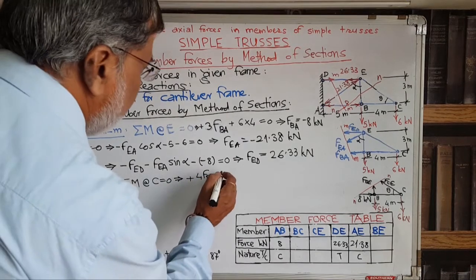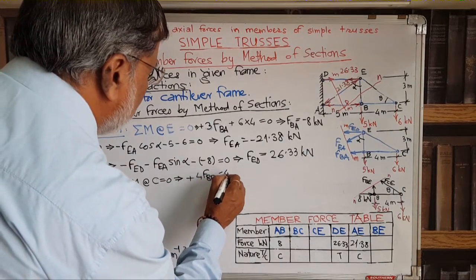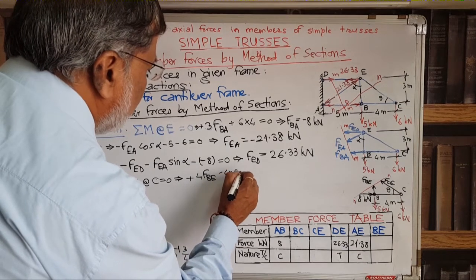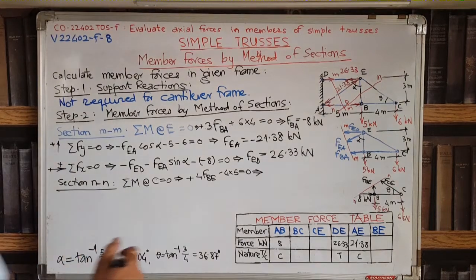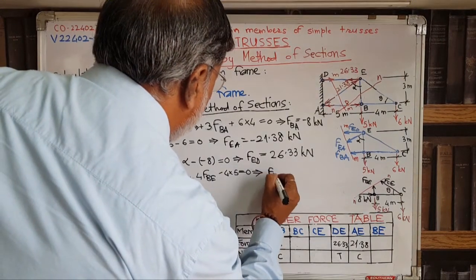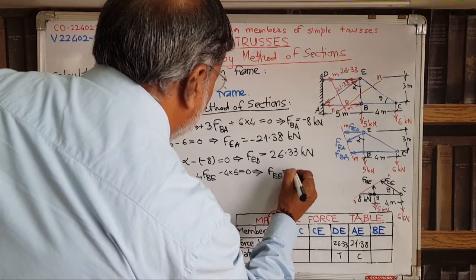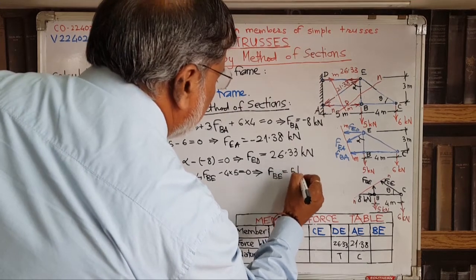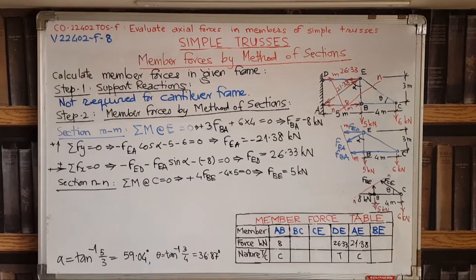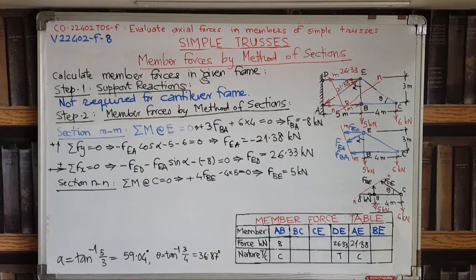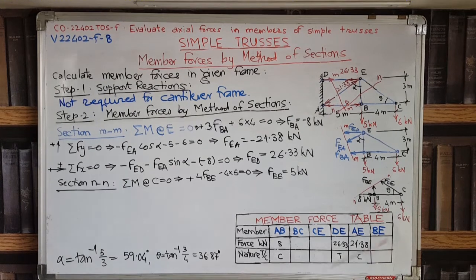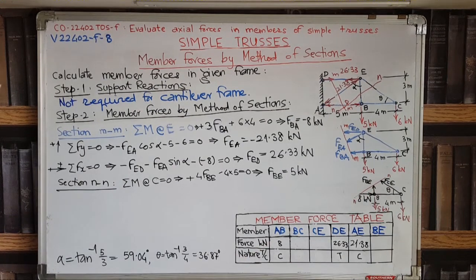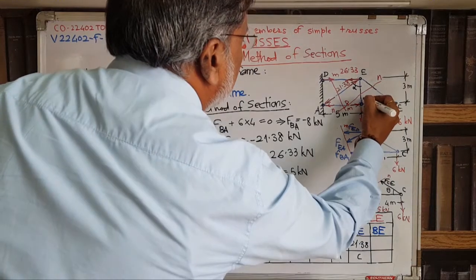So plus 4 FBE minus 4 into 5 will be equal to 0. So this will simply give us FBE equal to 5 kilonewton. So FBE is 5 kilonewton. The direction of FBE is plus, so it means that the assumed direction is correct. So this upward arrow stands final, and we will show it here.